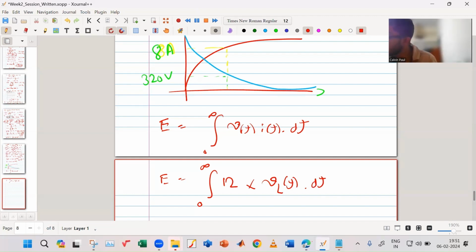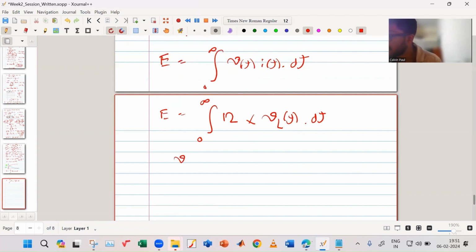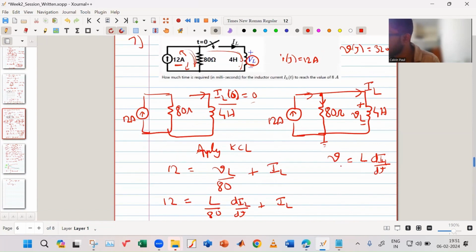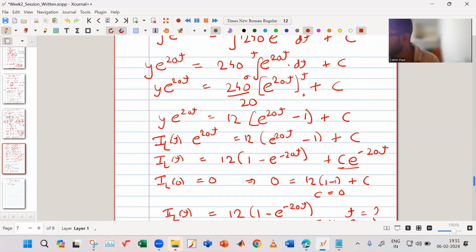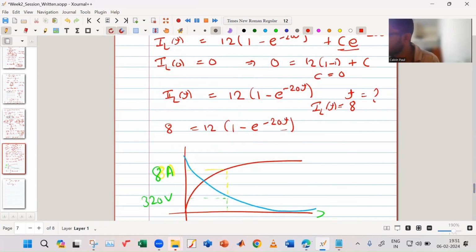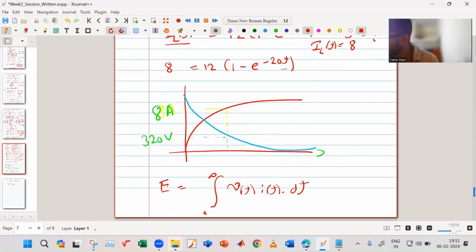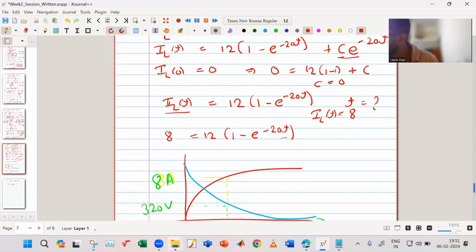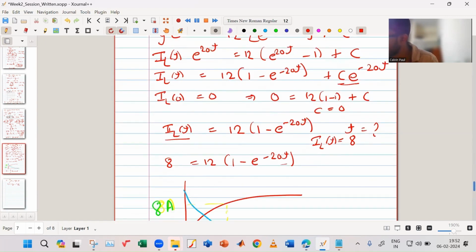VL of t is what? It is the voltage across the inductor. Now we know VL of t is equal to L into dIL by dt. What is your L given over here? L is 4. And what is your IL? Your equation of IL is given by this: 12 into 1 minus e raised to minus 20t.